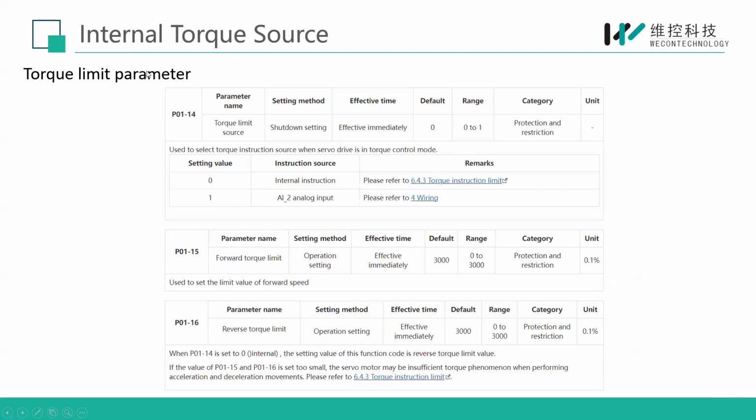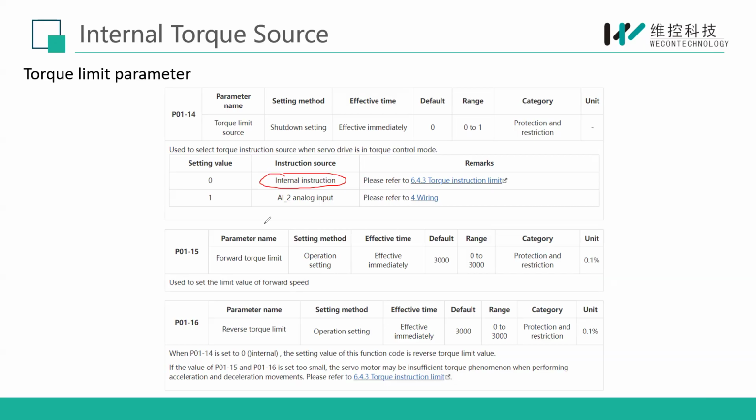There are also some torque limit parameters. The first one is the torque limit source. We can use an internal instruction to set the torque limits, or we can use analog input, and usually we use the internal instruction.